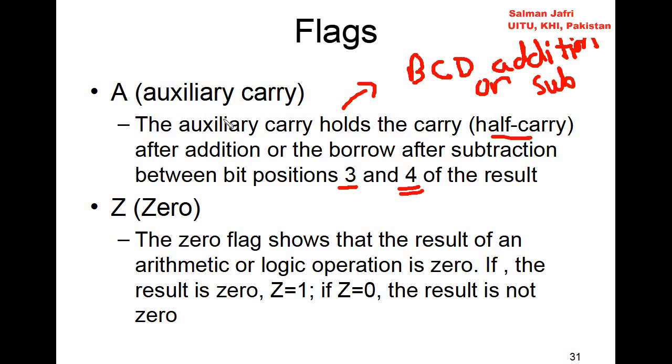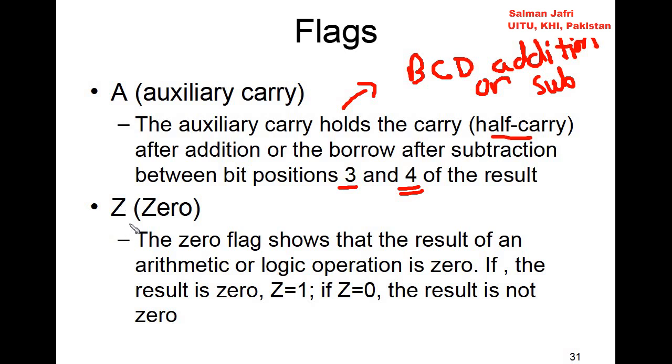It means if we have an auxiliary carry, the result of BCD addition or BCD subtraction would not be correct, so we must make a correction. So we'll check for auxiliary carry. Auxiliary carry means the BCD addition or subtraction had an error.